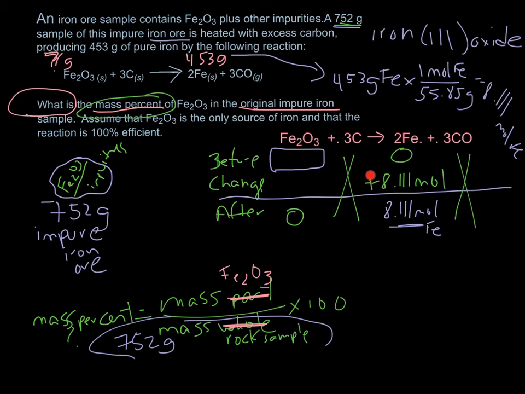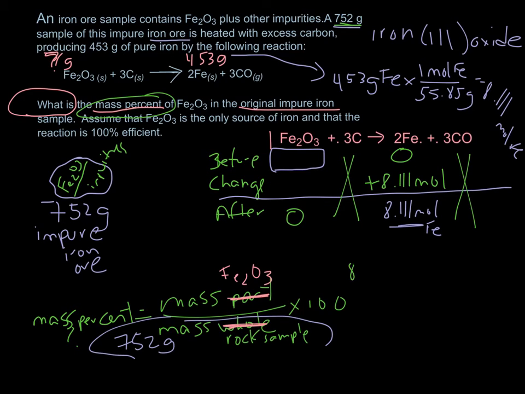If I used 8.11 moles here, how many moles of this did I use up? Well, for every 1 mole of iron 3 oxide I used up, I made 2 moles of iron. So this is a 1 to 2 ratio, or 2 to 1. So let's figure out how many of this we had to use up if we made 8.11.